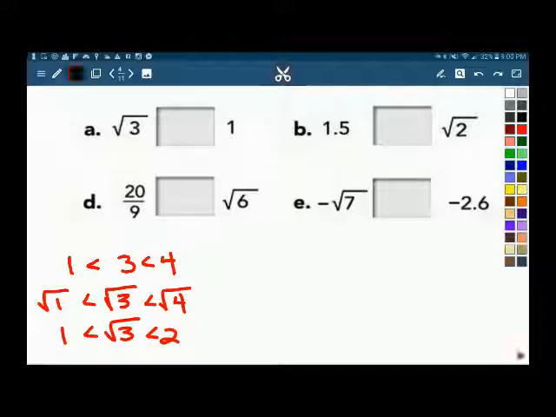A good way to approximate this: 3 is 2 units away from 1, and 3 is 1 unit away from 4. So the square root of 3 is going to be closer to 2 than it is to 1. I can guess 1.7.